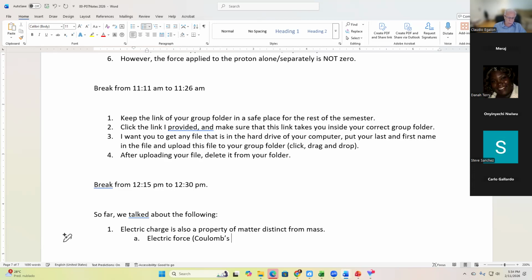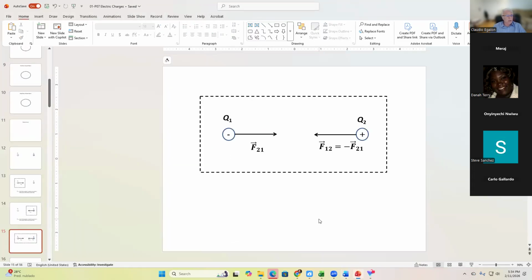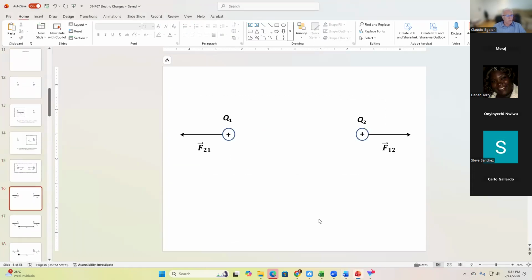A force is vectorial in nature, right? So we talked about forces in physics 6. Here we also have a force. It behaves exactly like the other forces. It is a vectorial quantity.